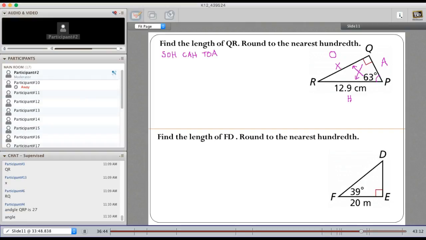Another way to think about it too is the hypotenuse and the adjacent side will always form the angle that you're using. So if you've already figured out the hypotenuse, then the other side that makes up that angle has to be the adjacent side. All right, now let's take a look at what we know. So we know 12.9, we know 63. So we definitely want to include those. We definitely want to include the hypotenuse.